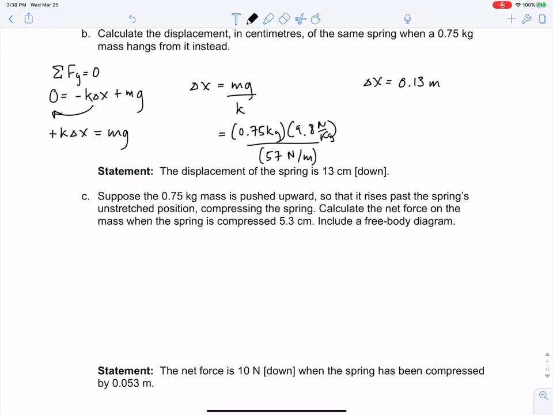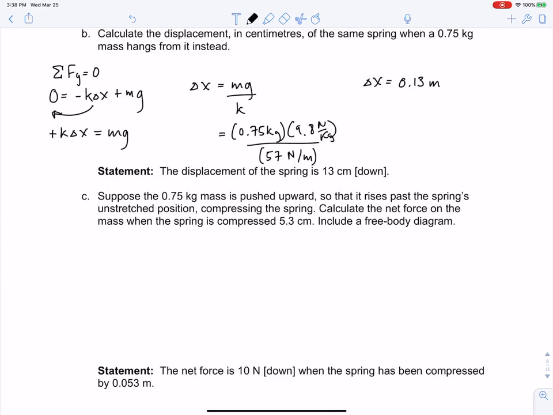Let's suppose you press up on the 0.75 kilogram mass so that it rises past the spring's unstretched position and therefore compresses the spring. Calculate the net force on the mass when the spring is compressed 5.3 centimeters.